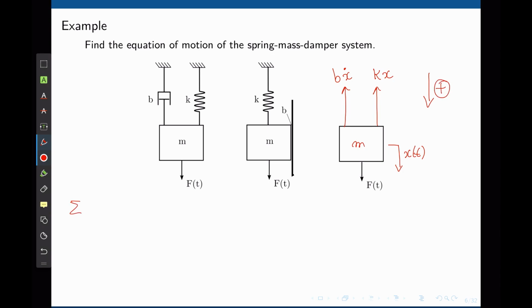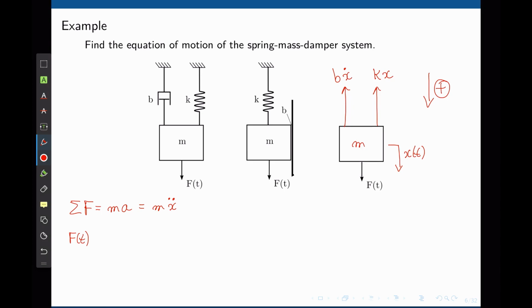Now we can write the sum of all forces acting on this mass equals mass times acceleration, or mass times x double dot. We have three forces acting on this mass now. The first one is F of t, which is positive because it points down.